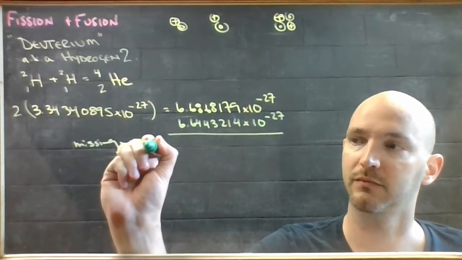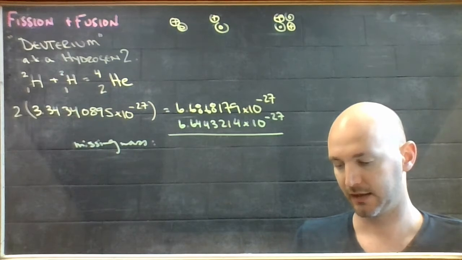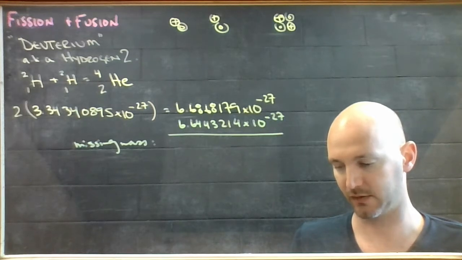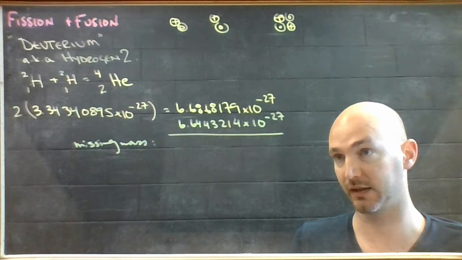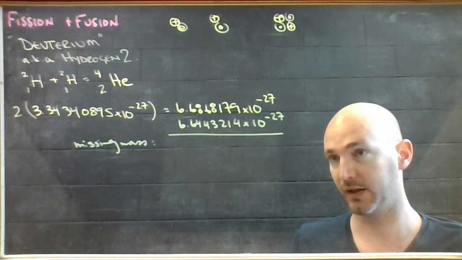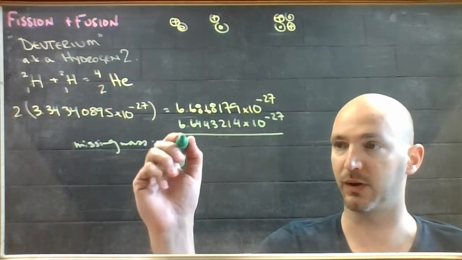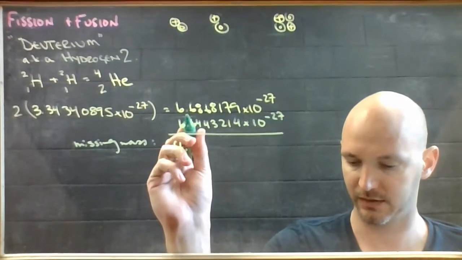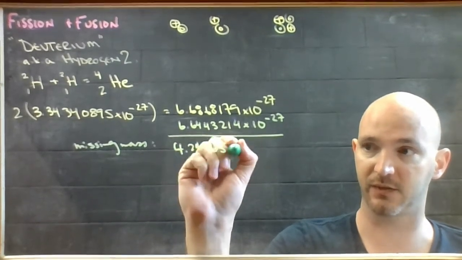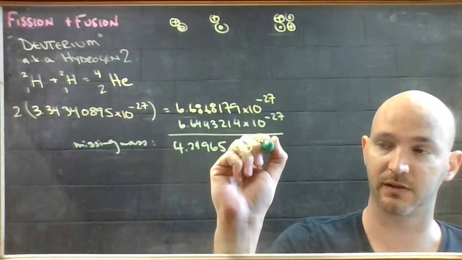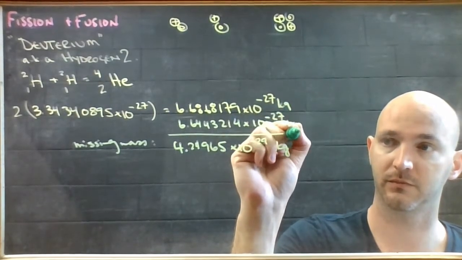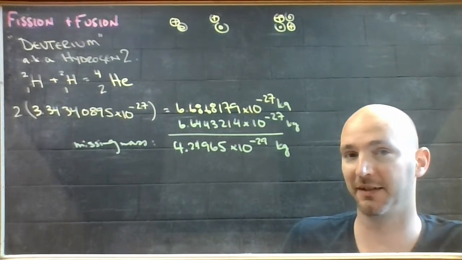I'm going to take that 6.6868179 and subtract from it 6.6443214, and I end up with 4.24965 times 10 to the negative 29 kilograms, which is very tiny compared to what we had last time.